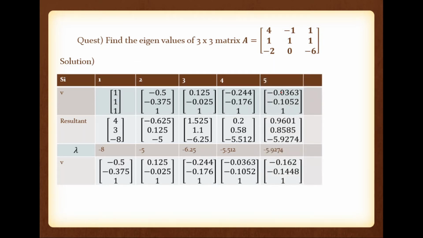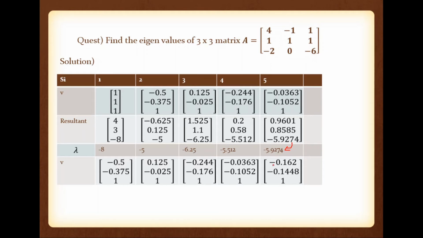We take this new vector as the initial vector of the fifth iteration. Multiply A with this initial vector. The output vector is 0.9601, 0.8585 and minus 5.9274. The largest value is minus 5.9274, so that one is taken outside.